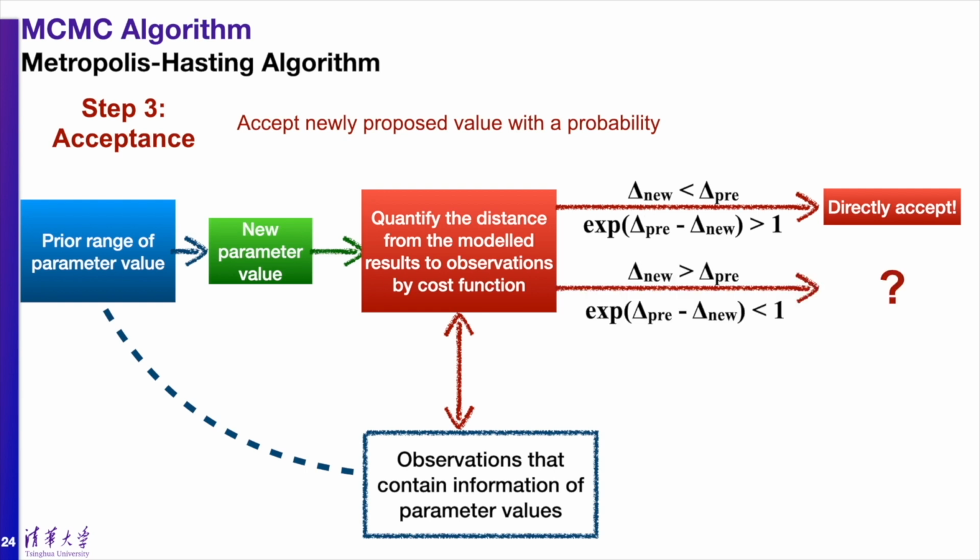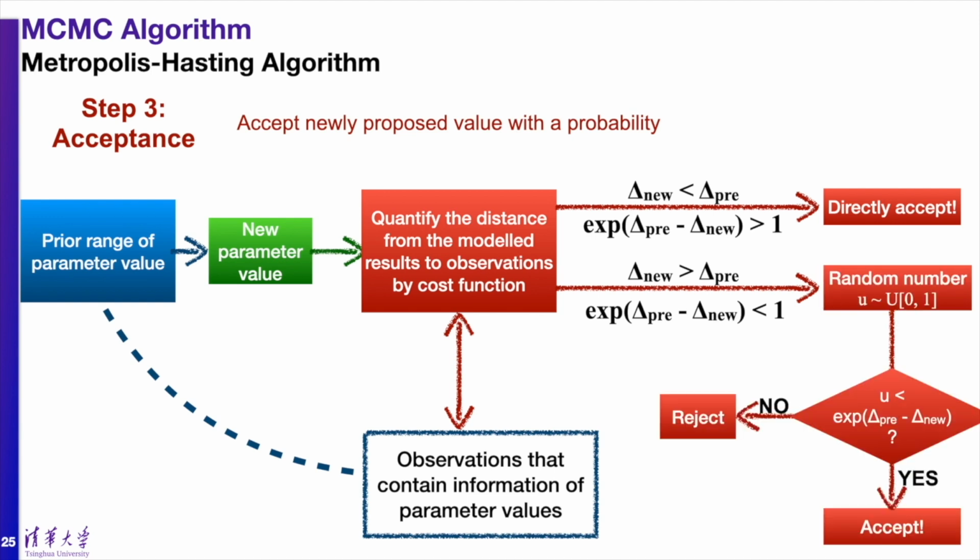But if the new cost is larger than the previous one, which means under the new parameter value, the model performance is worse than when the model is using the previously accepted parameter value, we need to design a criteria to decide whether or not to accept the newly proposed parameter values.